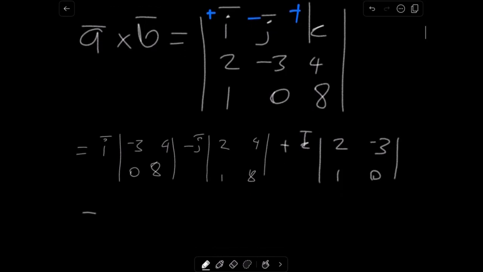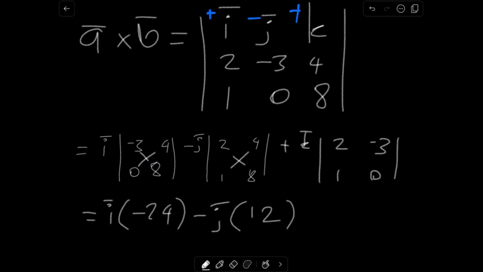All right, let's work out the determinants. So it'll be vector i into minus 3 times 8, that's minus 24. And then we have 0 times 4, that's 0, so we don't have to worry about it. Then we have 2 times 8, 16, minus 4 times 1, which is 4, so it's 16 minus 4, that is going to be 12.